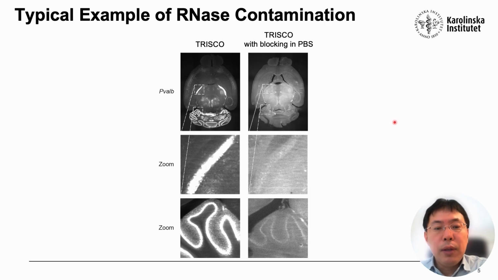However, the sample on the right side was incubated in PBS without proper precautions to prevent RNase contamination before hybridization. As you can see here, the signal was greatly reduced. This clearly demonstrates how critical RNA preservation is for successful 3D RNA imaging.